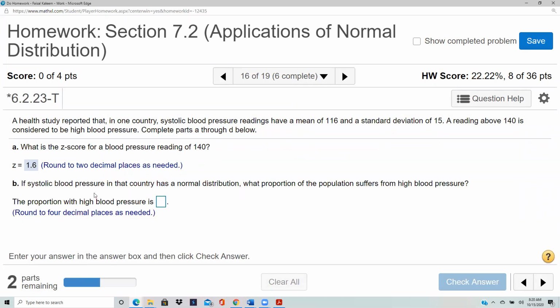And if the blood pressure has normal distribution, what proportion suffers from high blood pressure? So high blood pressure, they're saying a reading of 140 is high blood pressure. So if you have 140 or more, it will be high blood pressure. So mean is 116, standard deviation 15, and we're looking for greater than or equal to 140.